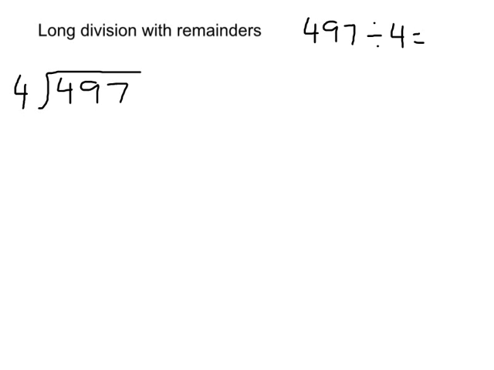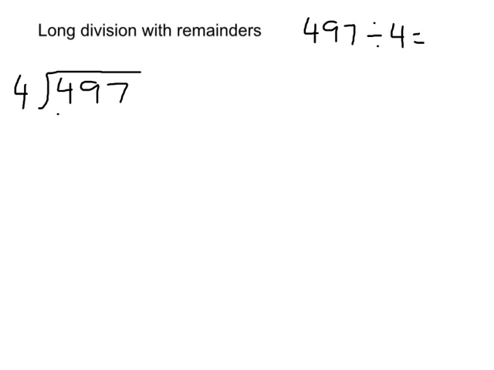Now, what we're thinking of when we're doing division is how many groups of 4 can we split 497 into? So if we are to share this number equally, we will have 4 groups. So, in contrary to addition, subtraction, and multiplication, whenever we're doing division, we work from the left to the right, where addition, multiplication, and subtraction always go from right to left.